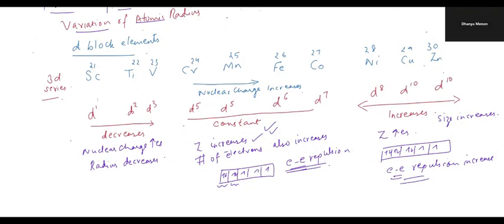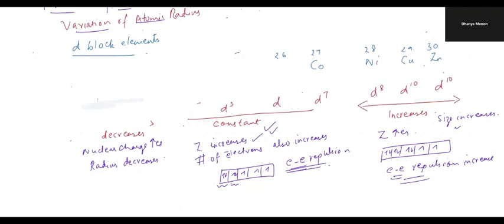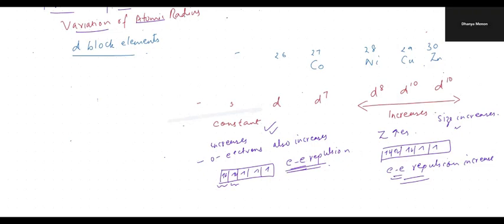So the electron-electron repulsion dominates over the effect of the increase in nuclear charge. So what is happening to the size? Size increases. Okay, so this is one of the exceptional behaviors. Now, again, more about the D block elements.